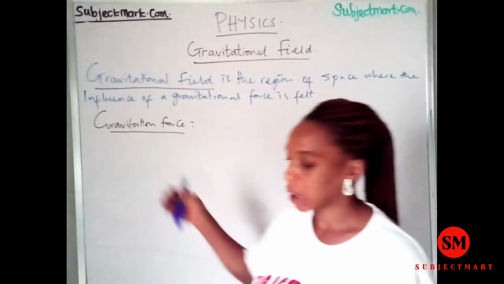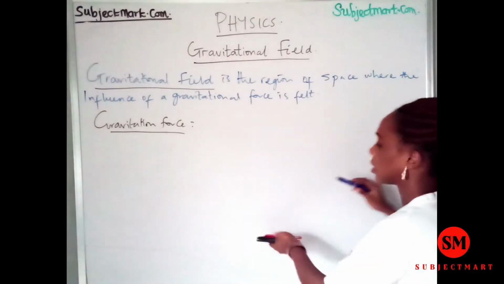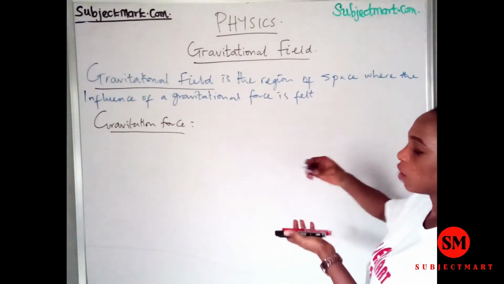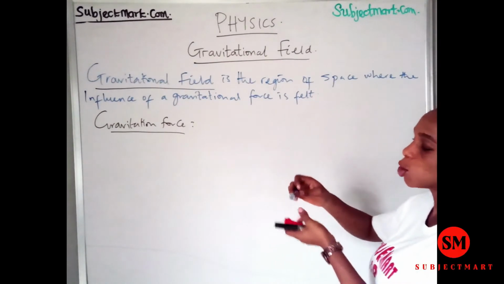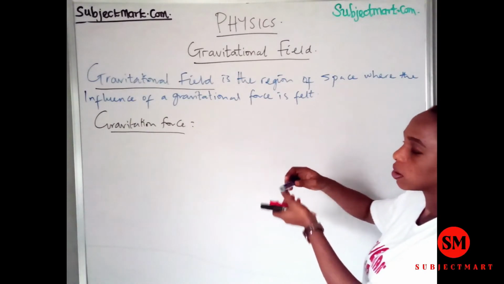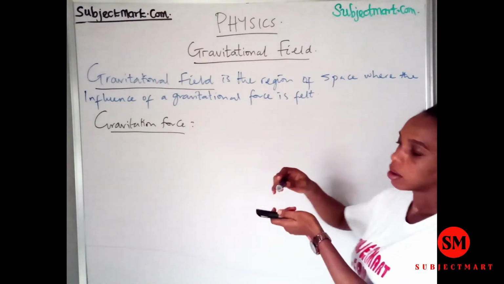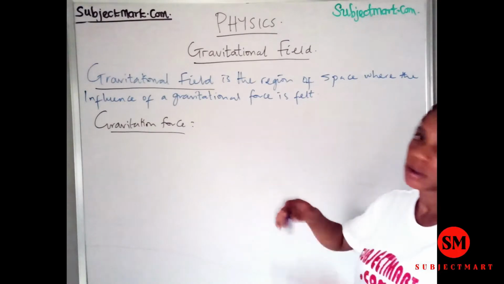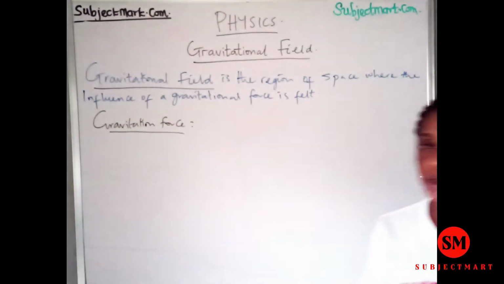When you have a magnet and a magnetic material, the distance between this magnet and the magnetic substance is the magnetic field. The same thing is applicable in the case of gravitational field.